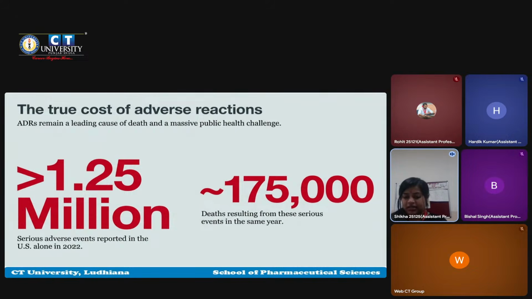So this is basically the prevalence report of ADRs. They are saying more than 1.25 million were reported and approximately 175,000 died in the same year.